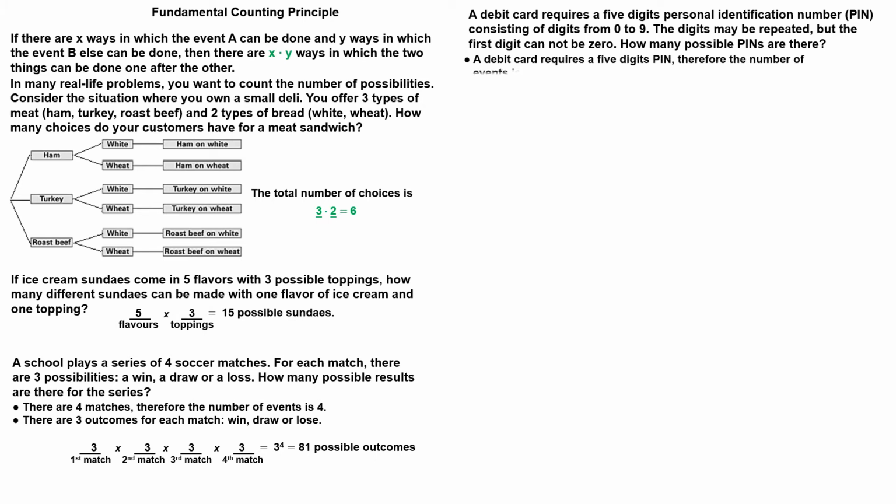Therefore, the number of events is 5. We have 5 independent events. There are 9 ways to choose the first digit, since 0 cannot be the first digit. Then there are 10 choices for each next digit.